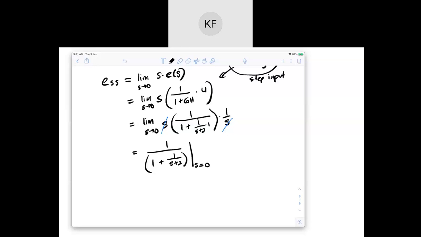So if I put S equals 0, what do I get, guys? 1 over 1 plus 1 over 2, because there's a 2 here. So 1 over 1 plus a half. 1 plus a half is 3 over 2, isn't it? Is it 3 over 2?